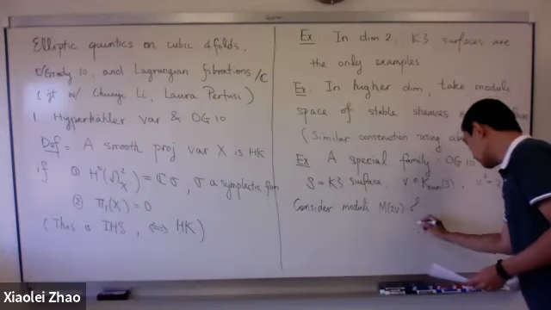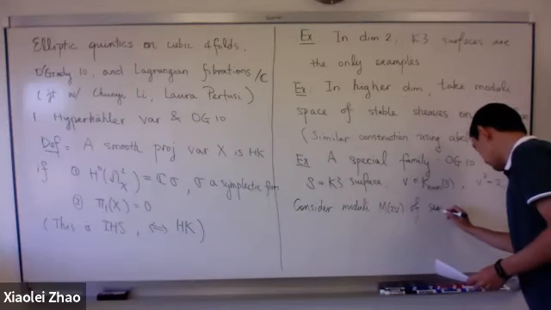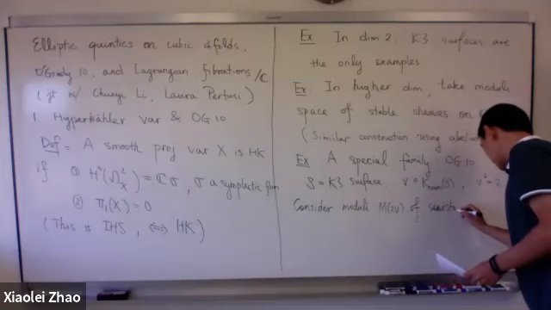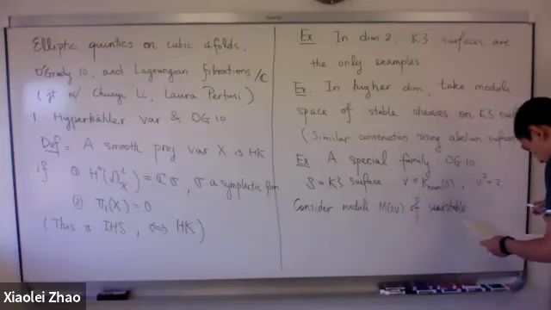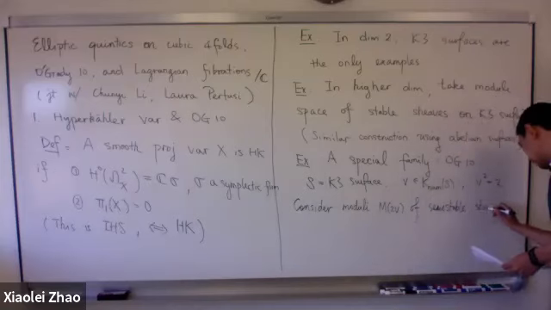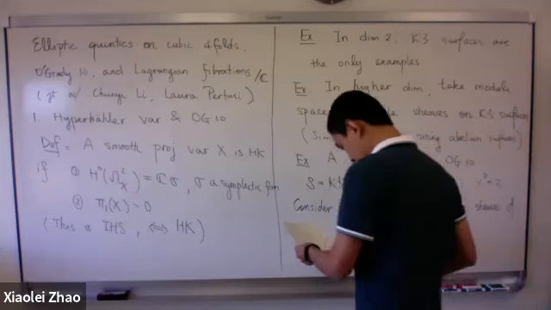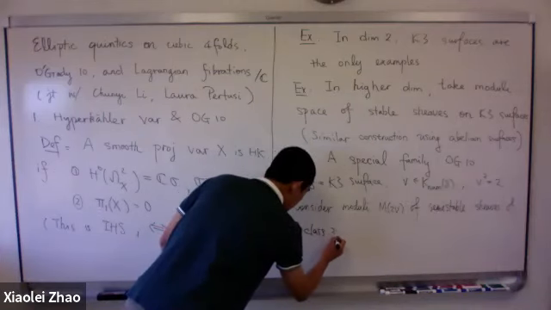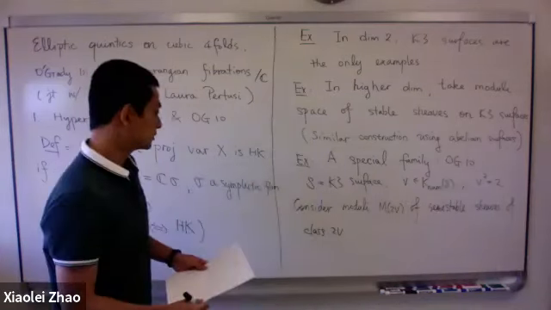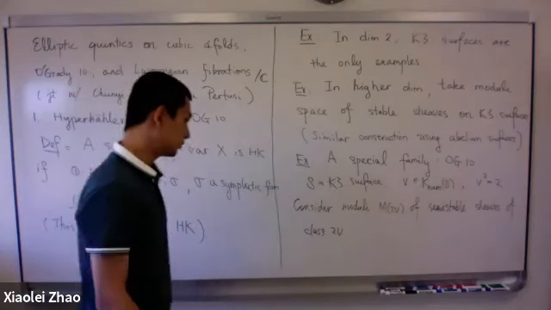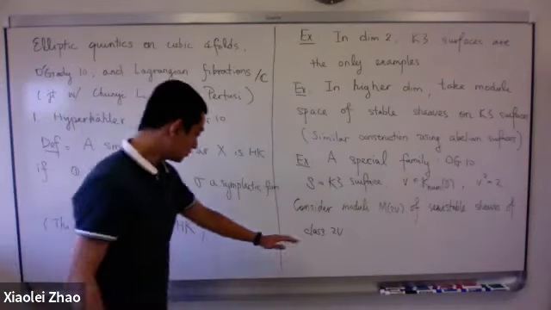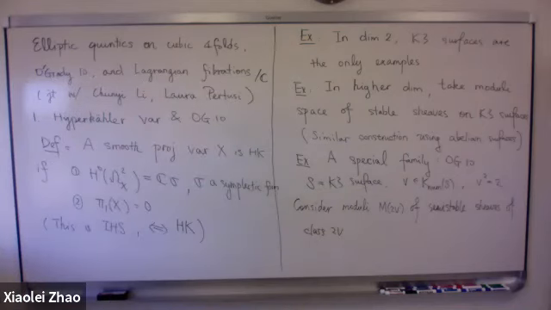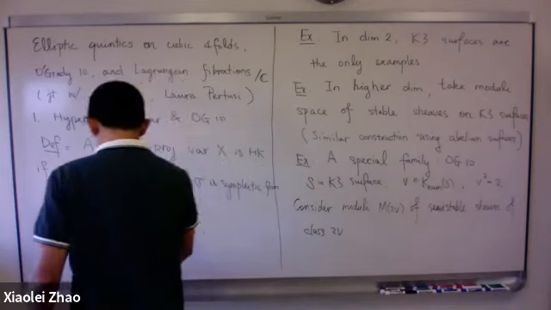So this is the moduli space of semi-stable sheaves of class 2v. Remember, this v is just the data of rank, degree, and second Chern class. Now I want to look at the sheaves of topological invariant 2v.